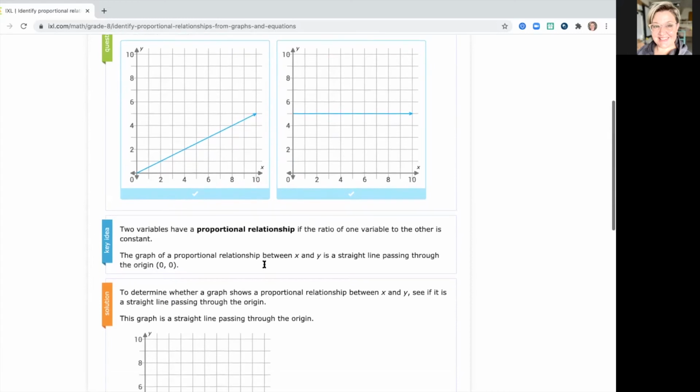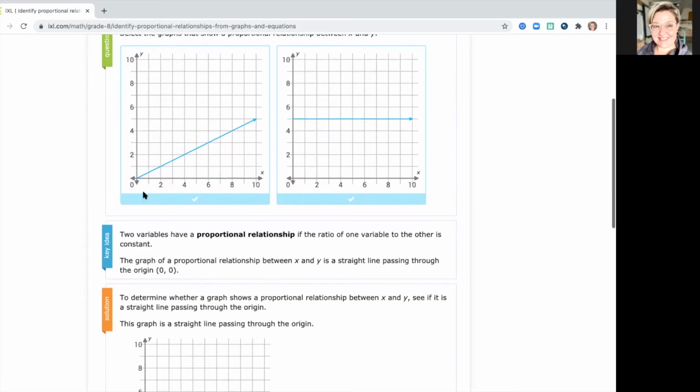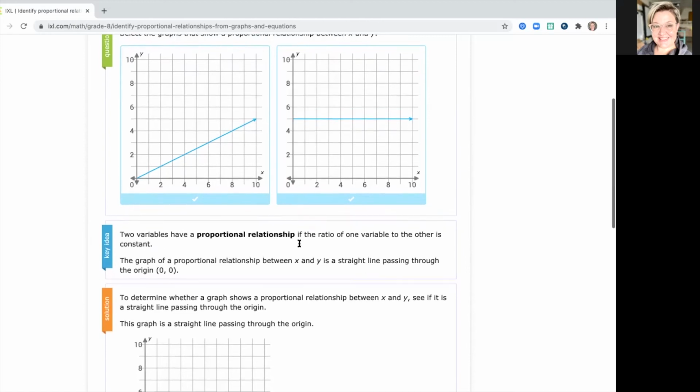The graph of a proportional relationship between x and y is a straight line passing through the origin 0, 0. So here we have one graph that intersects 0, 0, and it continues moving up. This one, as you see, does not intersect the origin 0, 0.